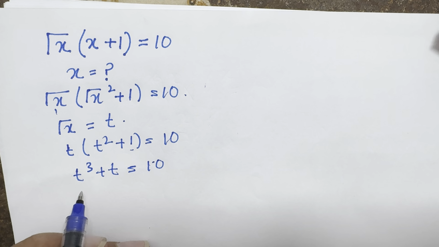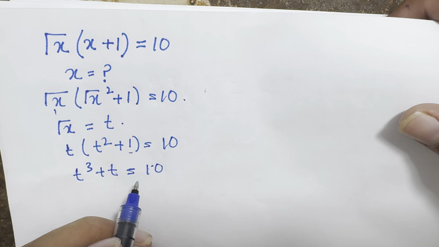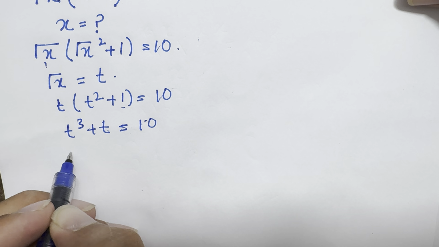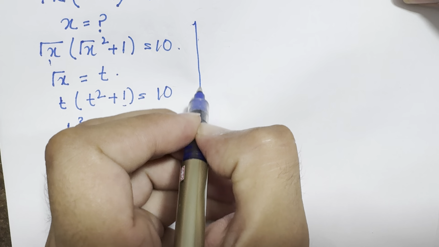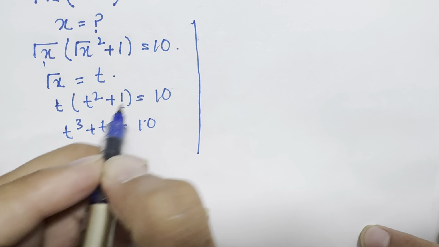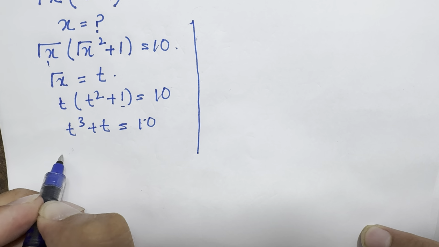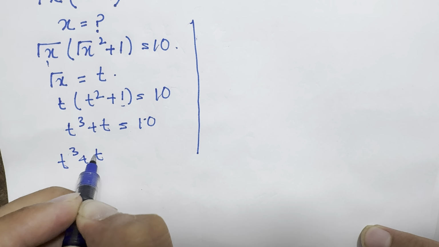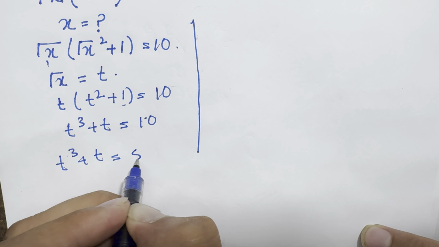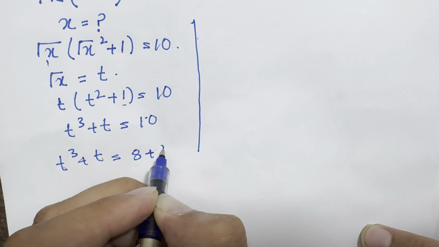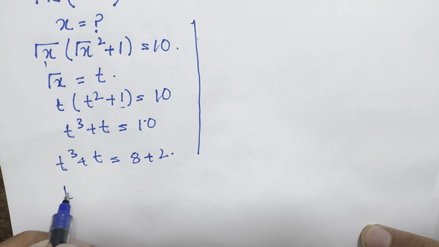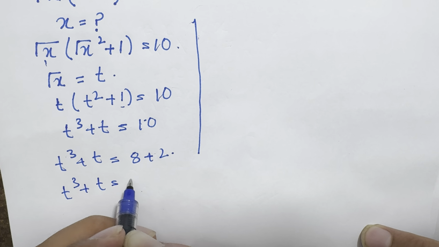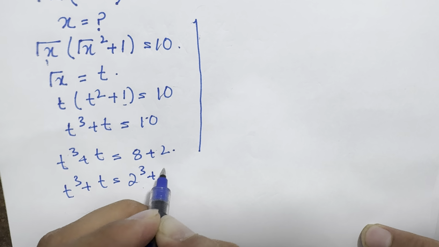Okay, so can I write 10 as 8 plus 2? I can write here t cube plus t equal to 8 plus 2, so this will become t cube plus t equal to 2 cube plus 2.